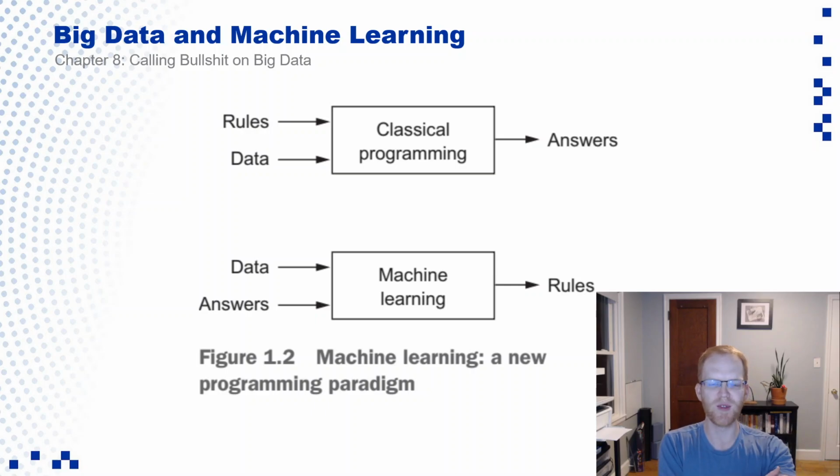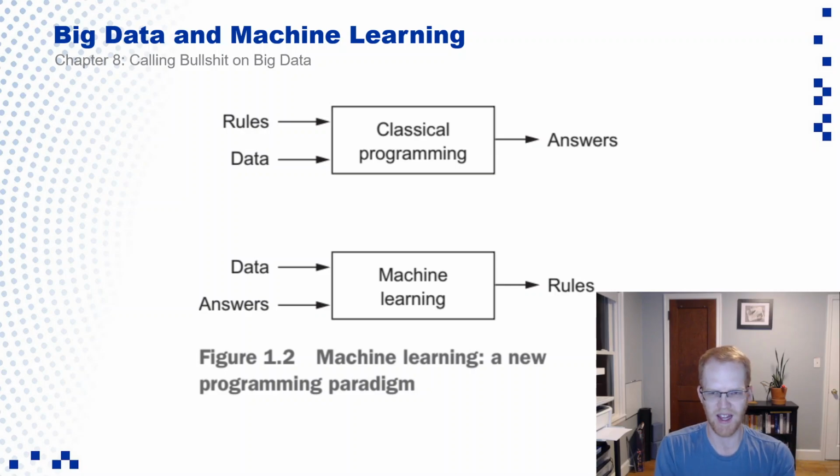But the problem is the rules can be opaque within machine learning. And so you may get more efficiency, at least in the classical programming sense, from machine learning, because it's going to find the quickest way to get from the data to the answers, rules that we might not see or come up with ourselves. But that also means we've lost some transparency because we don't know in advance what those rules will be.